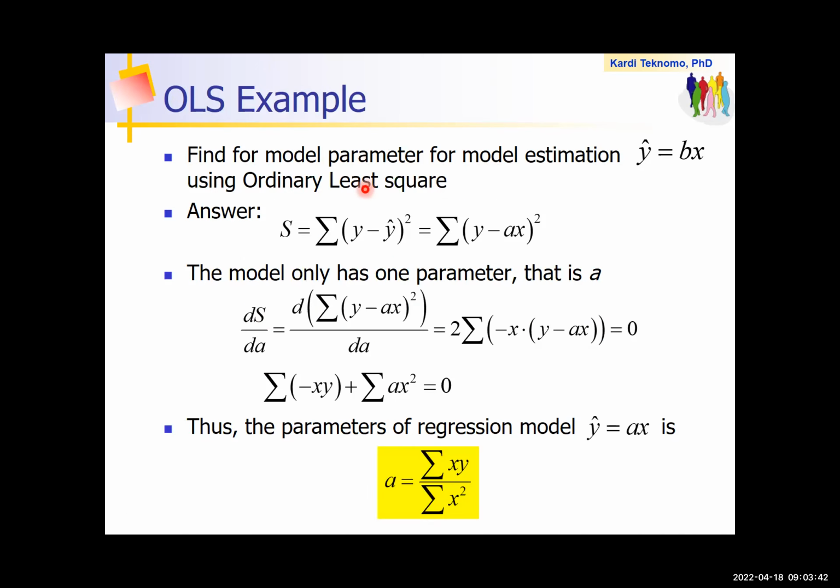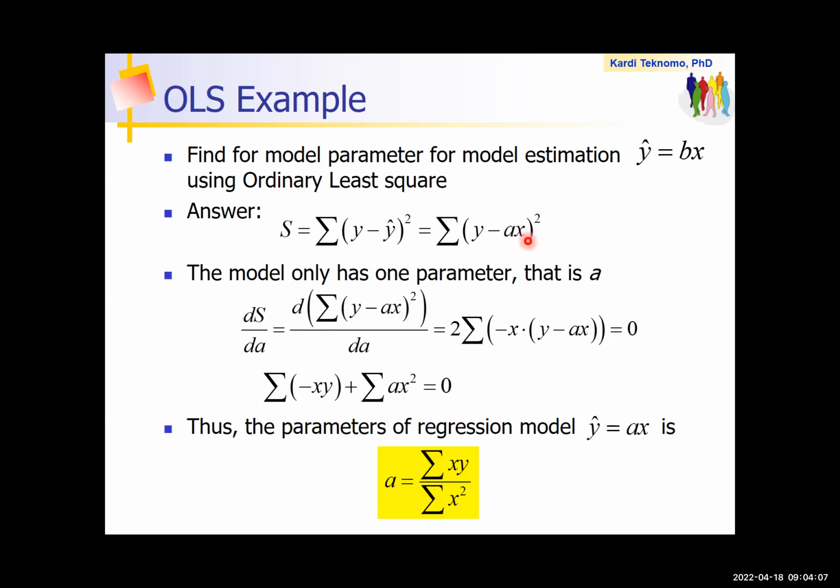Suppose I want to have a model of y equal bx, without c, without intercept. Okay, so I will set up the error here. We know the y and we know the prediction, which is the bx or ax in here.